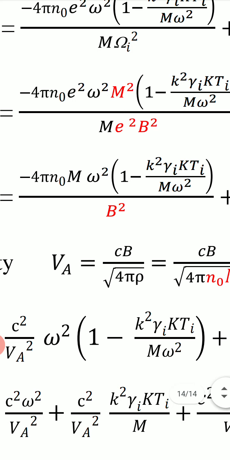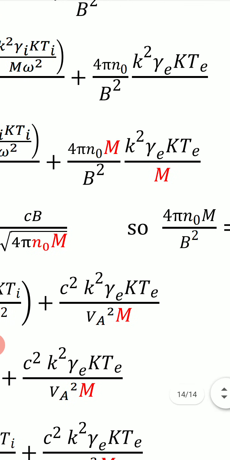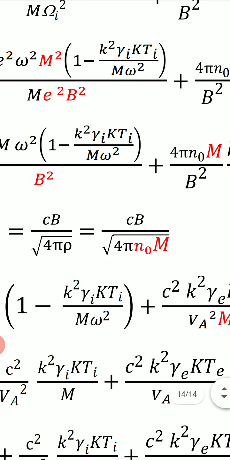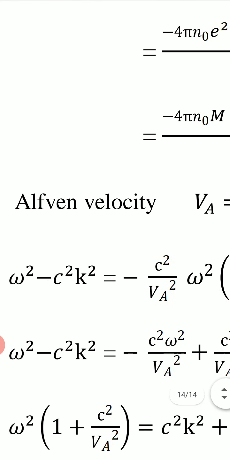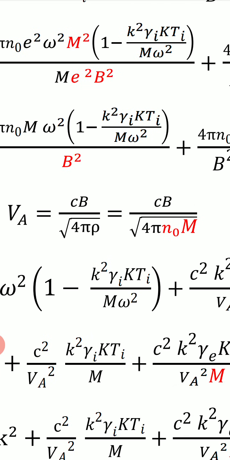Now first term becomes this, and in this second term we multiply by capital M and divide by capital M. And since alfven velocity VA is CB upon under root 4 pi rho, it is CB upon under root 4 pi N0M.